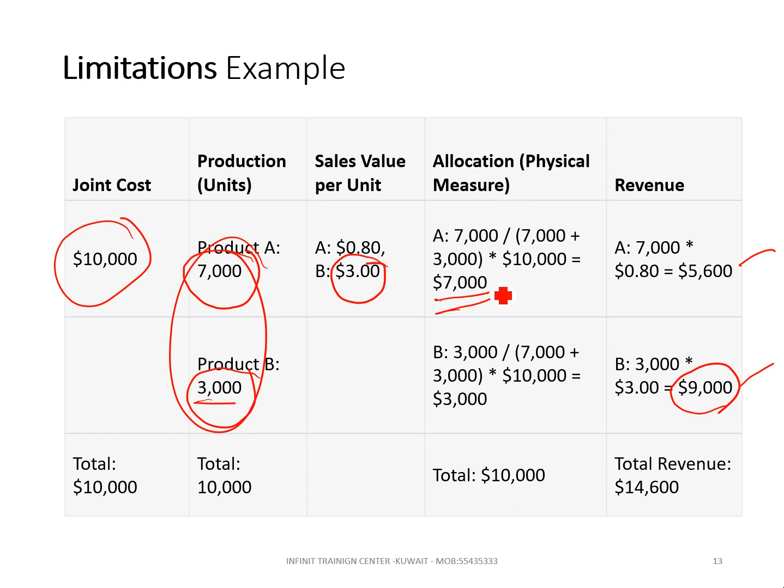So your cost now is $7,000 because A produced more in our scenario, but the revenue you are getting is only 5,600. So sometimes you may get an allocation of cost to a product which is more than the market value of that product. I hope you understood this.